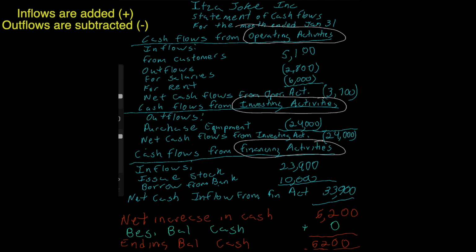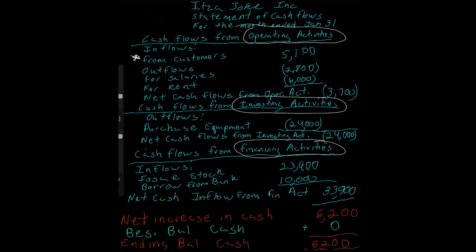So for our first operating activity, we had an inflow from customers. So we received some cash from customers of $5,100. And then we list our outflows. Now again, when we're doing financial reporting, anytime you see brackets around numbers, that simply means to subtract. So that's basically saying that these outflows were cash spending. So we spent some money on salaries, we spent some money on rent.